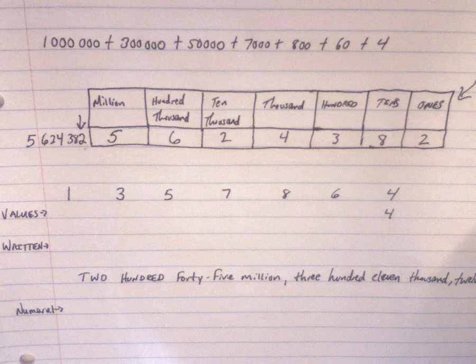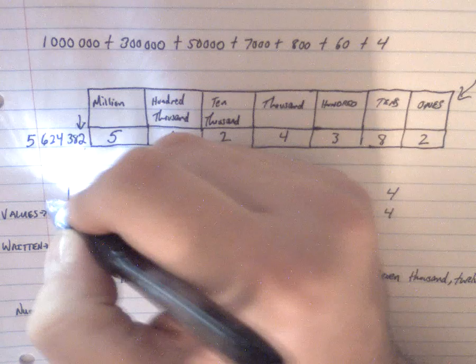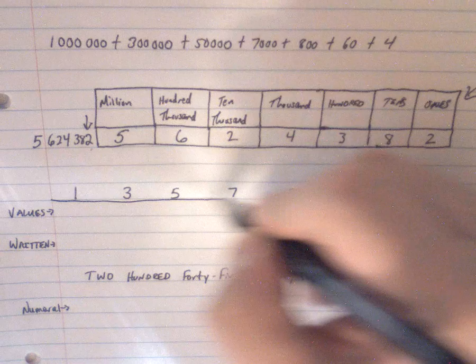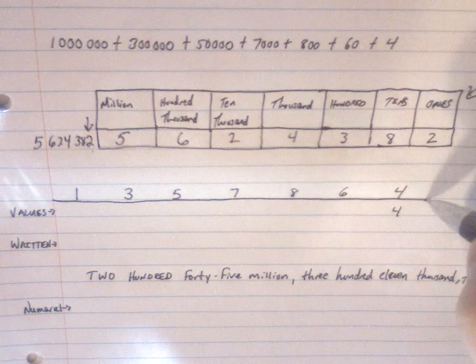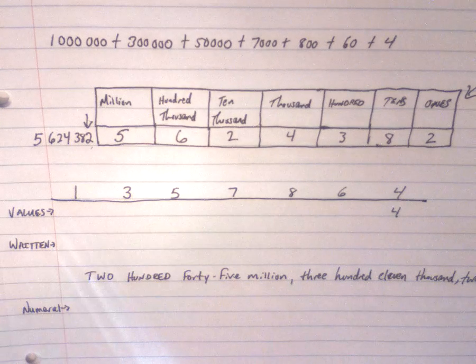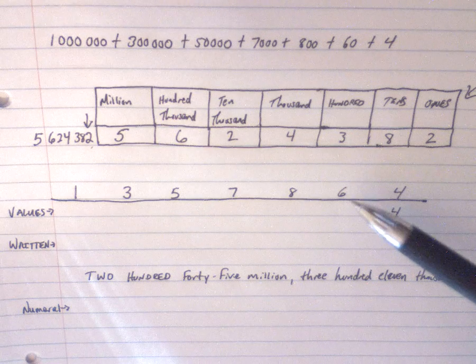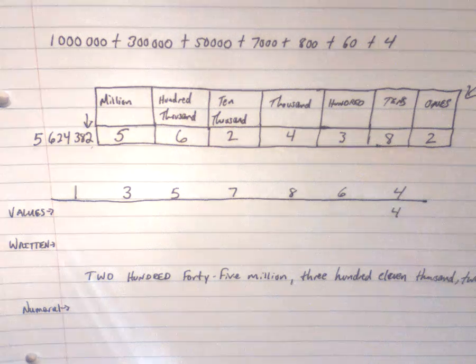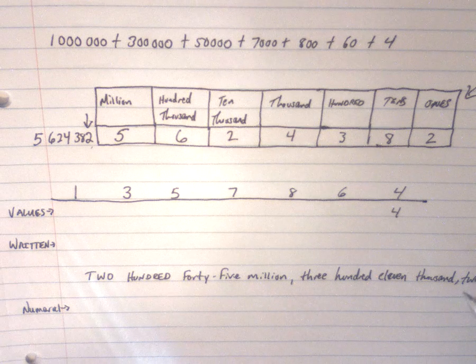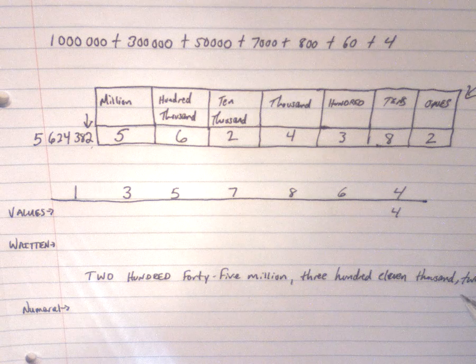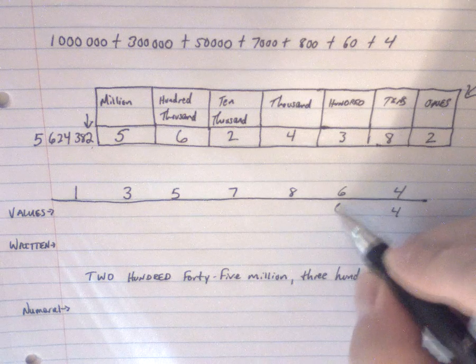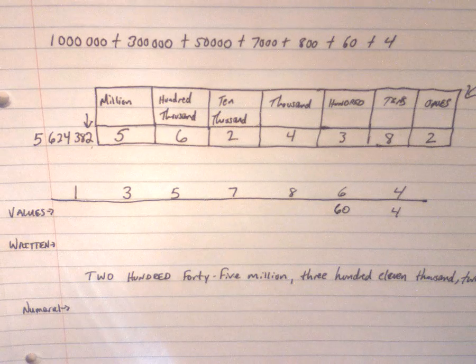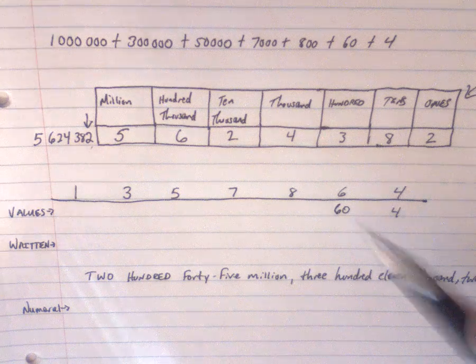That is what its value is. Okay, I'm just going to put a line in between here again, just to kind of separate it a bit. So its value is 4. Now, when we're looking at the 6, what is its value? Well, it is 6 tens. 6 times 10 is 60. Okay, so 6 tens.